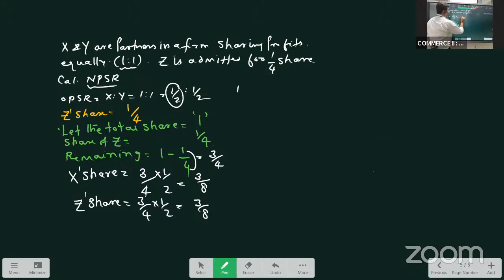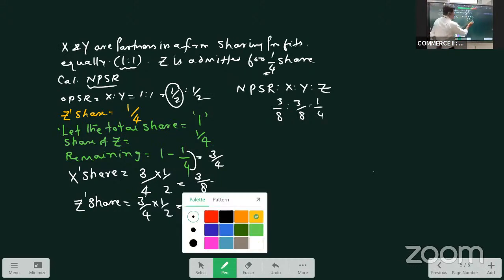Okay. So what will be the new profit sharing ratio between X, Y, and Z? X is to Y is to Z. What is X's new share? 3/8. What is Y's share? 3/8. What is Z's share? I said 1/4, no? What is the share we are giving to Z? It is 1/4. But then I also said that the denominator should be equal.